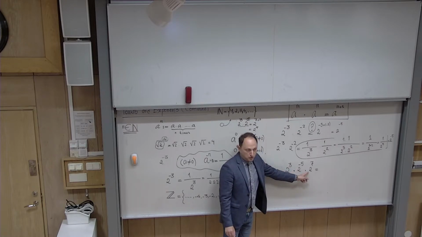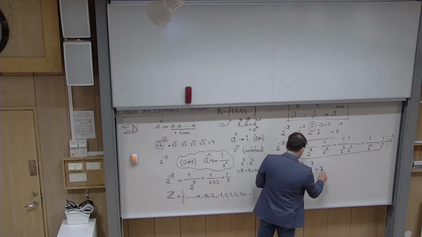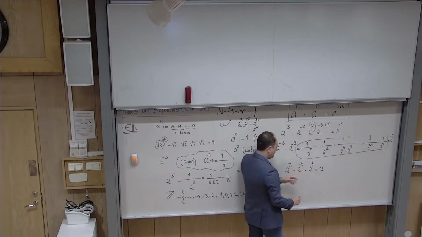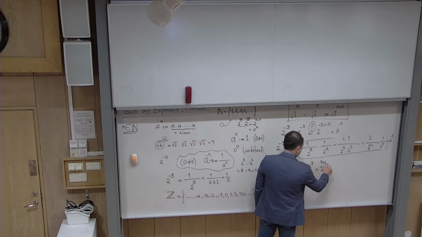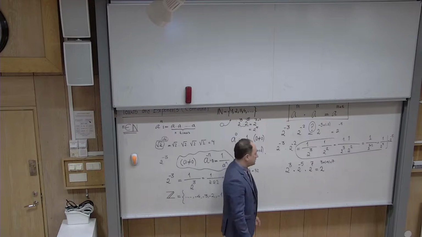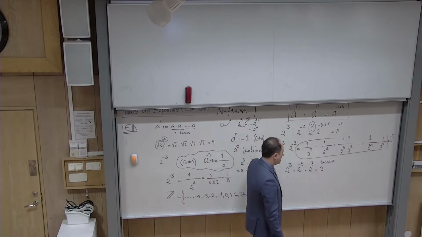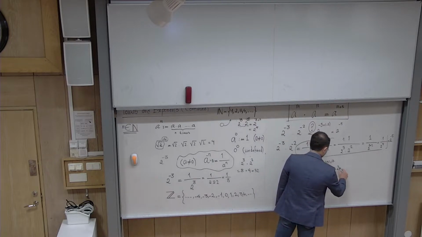That is important. So this rule is applicable. I write the same base, and then in my head or on my paper, I add them up. Yes? And then 3 plus minus 5 is minus 2. Minus 2 plus 7 is 5. So it becomes 2 to the power 5.